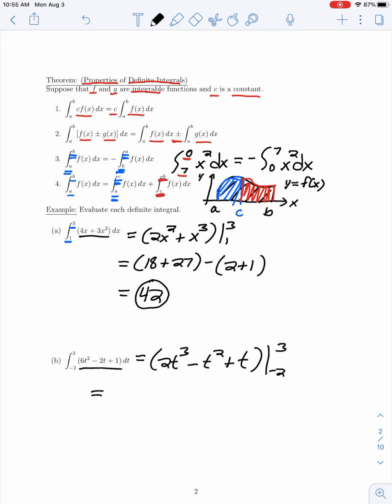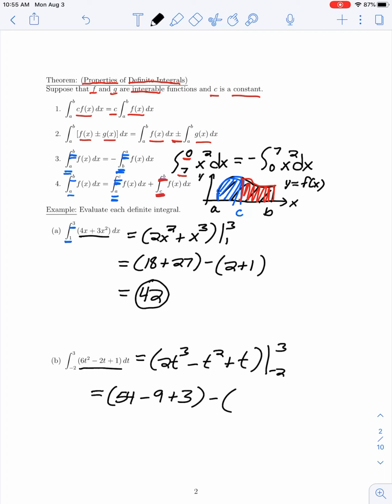So when we substitute 3, the upper limit of integration, into our function, we have 2 times 3 cubed, which would be 54, minus 3 squared, which is 9, plus 3. And then we subtract what we get when we substitute in the lower limit of integration, which was -2.